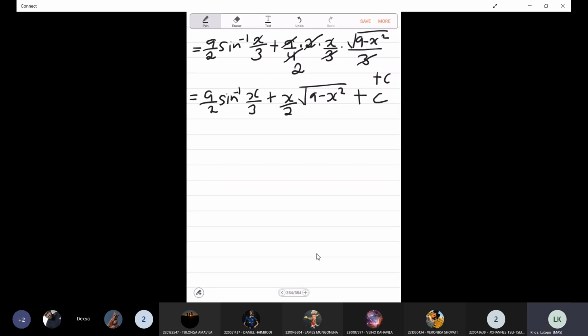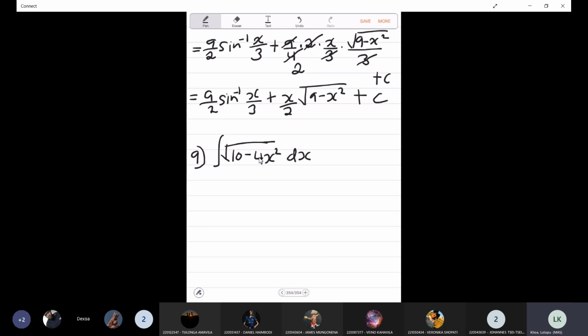Let's see, 9. Okay, when you look at number 9, the integral of the square root of 10 minus 4x squared dx. So first thing we want to have is our a squared minus x squared.